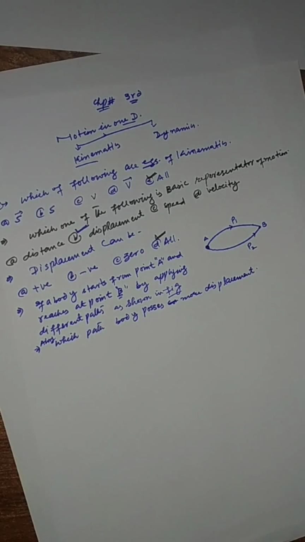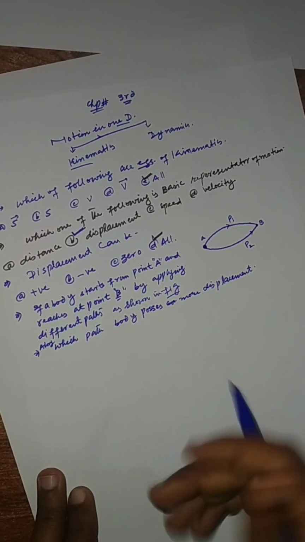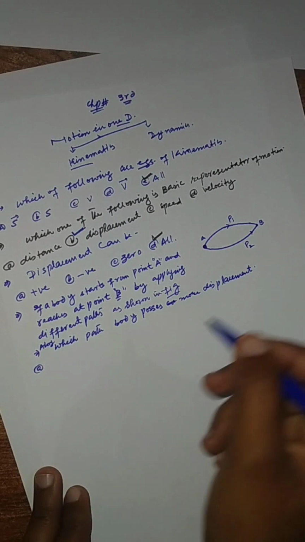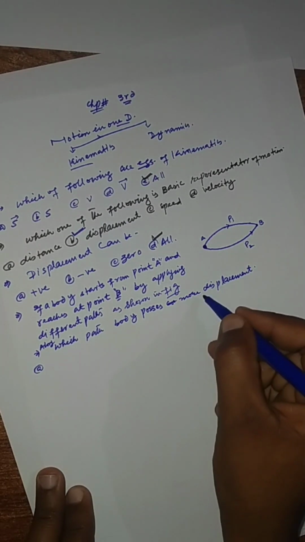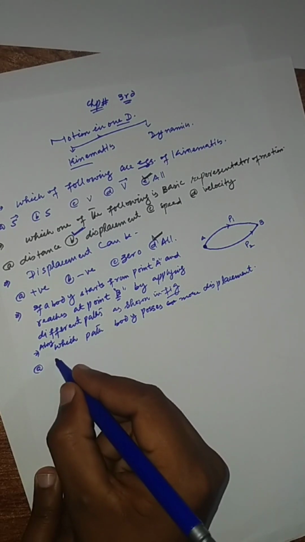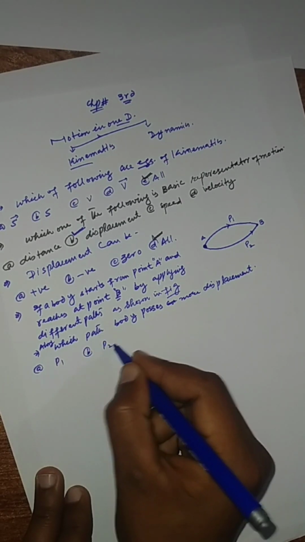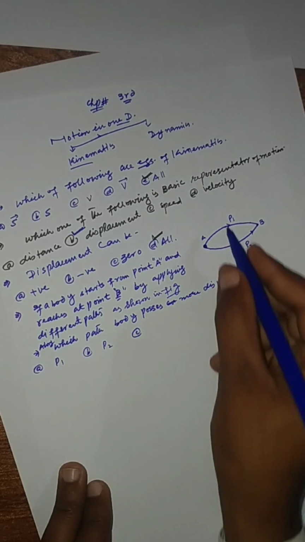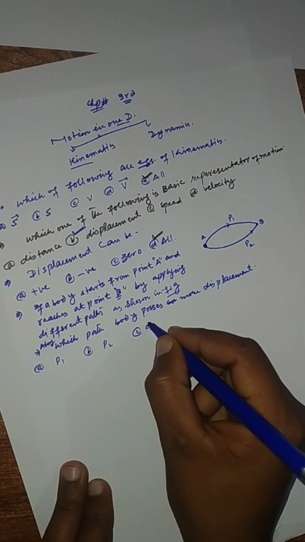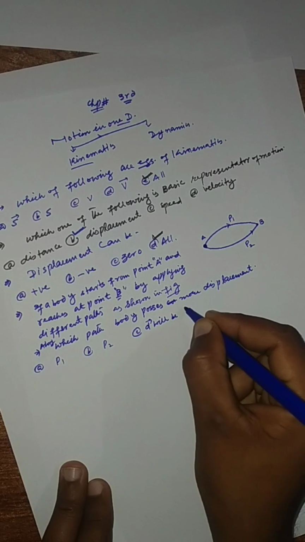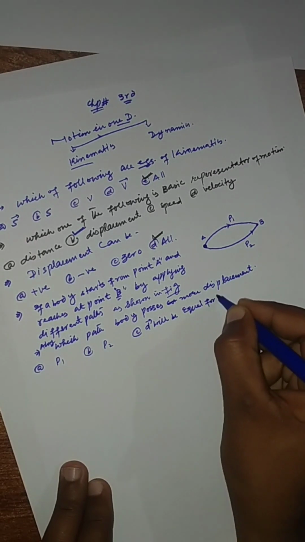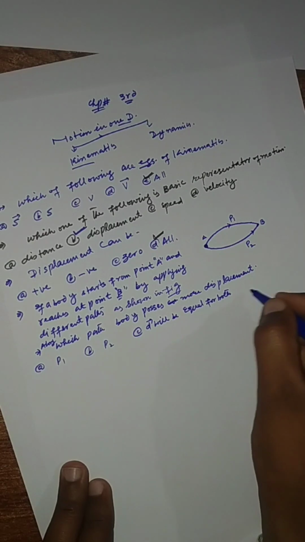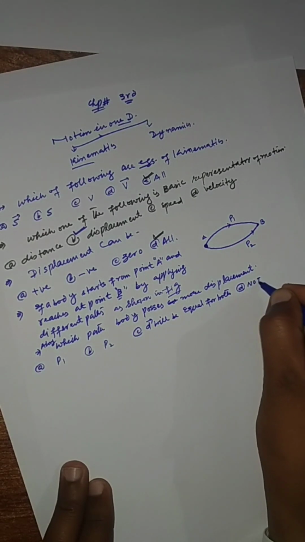Will displacement be greater along the path P1 or along the path P2, or will displacement be equal for both? Or option D, none of these.